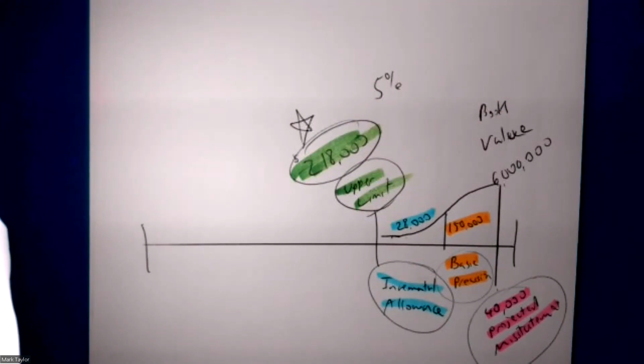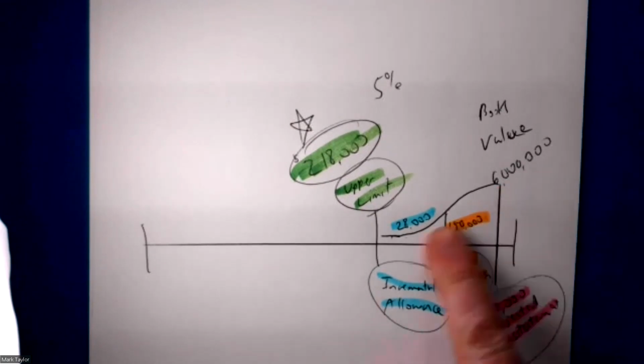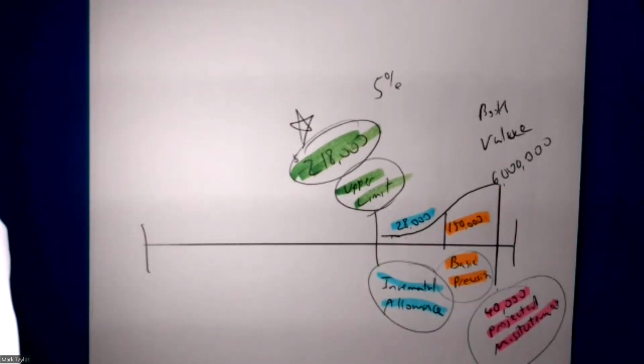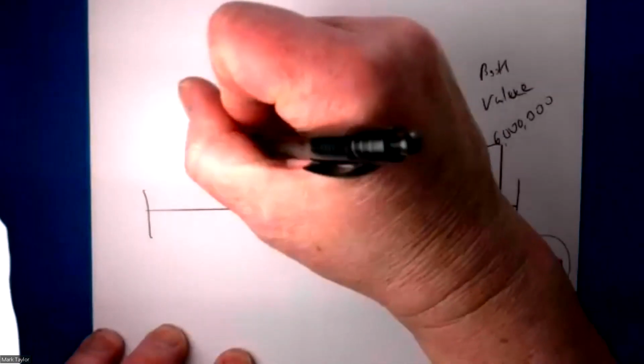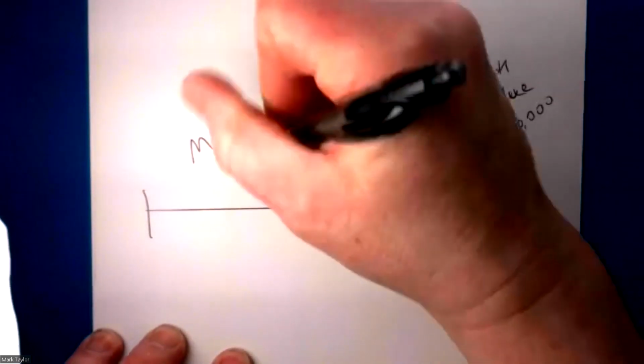All right. So this is our best estimate, this is what it could be off by. And so 218 is what we would use for our material misstatement, to see if that's material. And again, it's a judgment call.